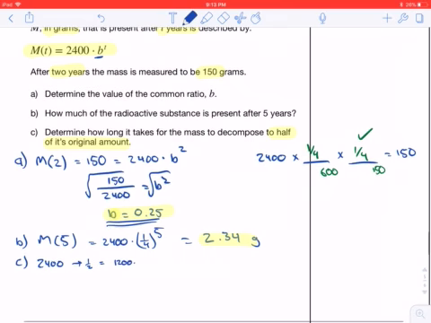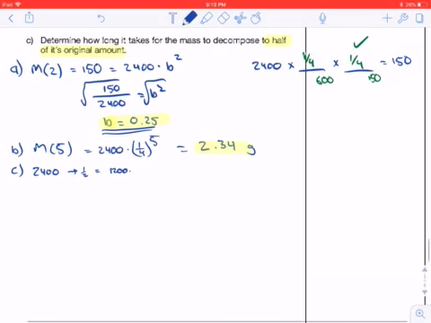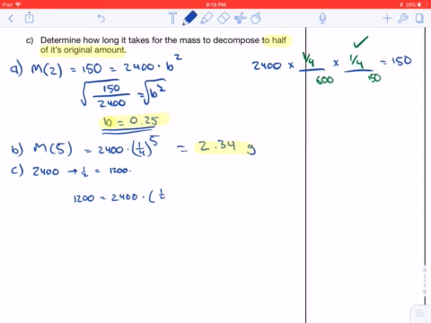So we want a final value of 1200, and we know that's going to be equal to 2400 times 1/4 to the value of t. What it's asking is, what is our value of t? This is a little bit trickier to solve. It's actually one of the things that we learn logarithms for, to solve exponential equations like this. That doesn't happen until grade 12, so there's a couple different things you could do.